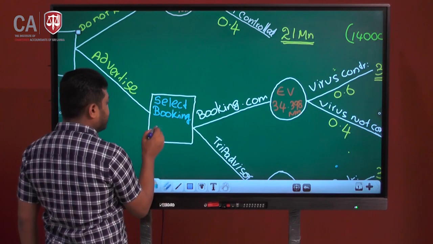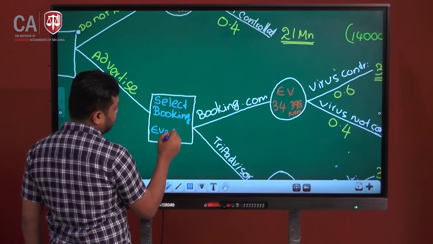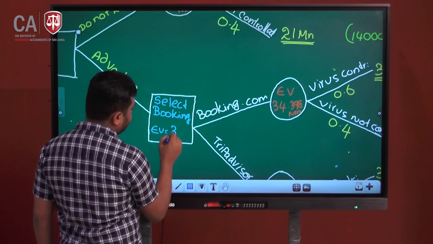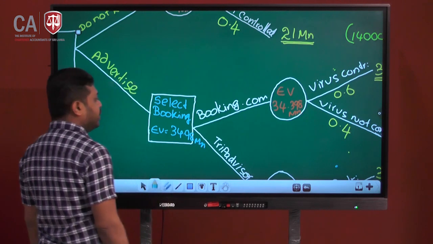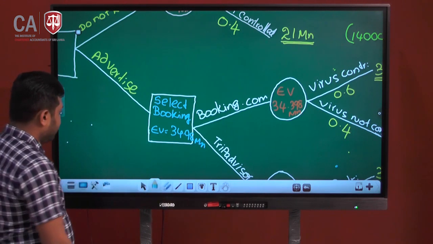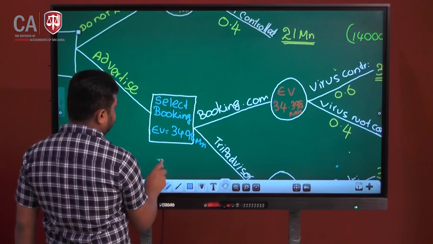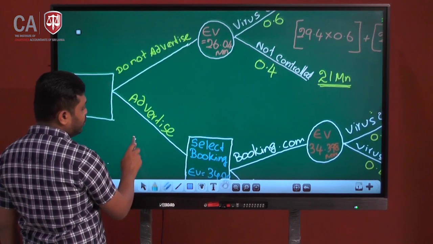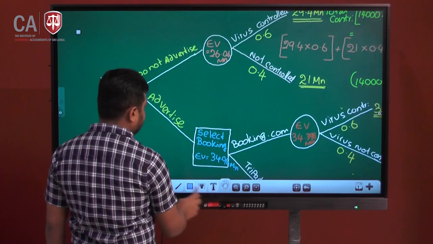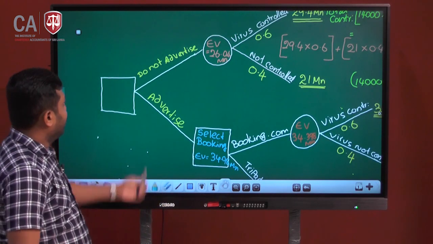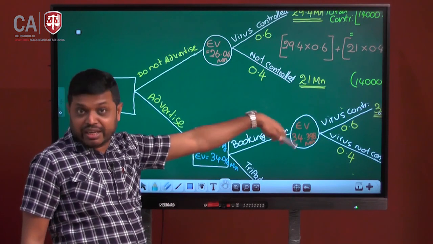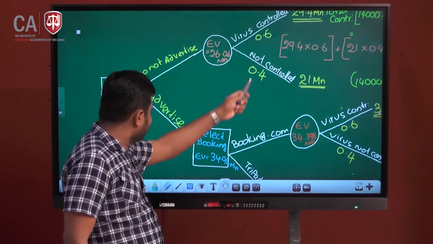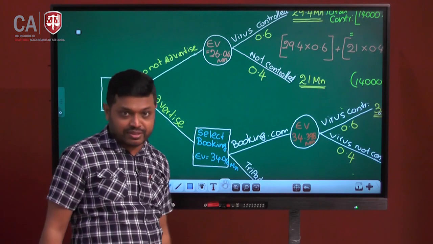The expected value of your decision is 34.98 million. Finally, now the final decision you have to make: whether you are not going to continue with the current arrangement, that means do not advertise, or whether you are going to advertise.